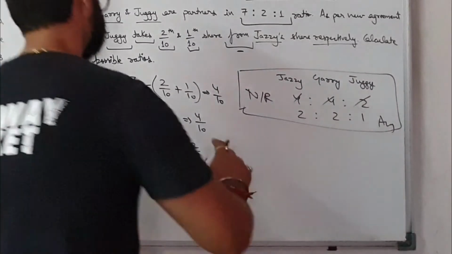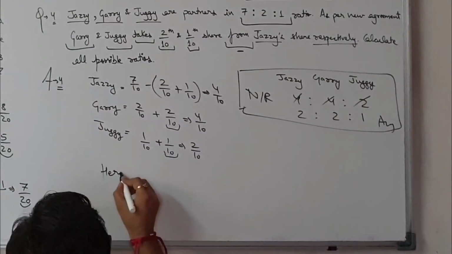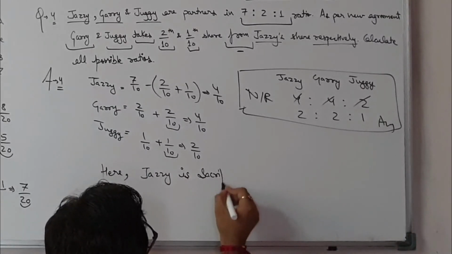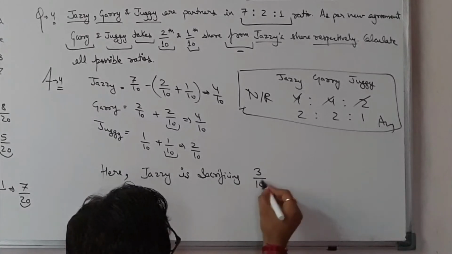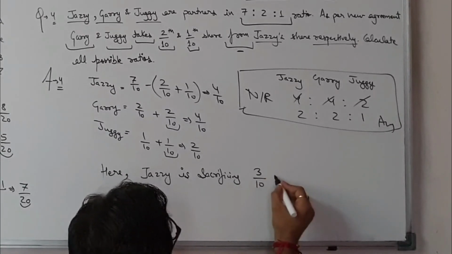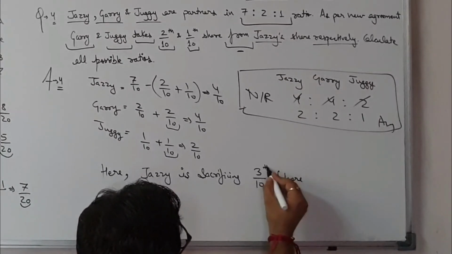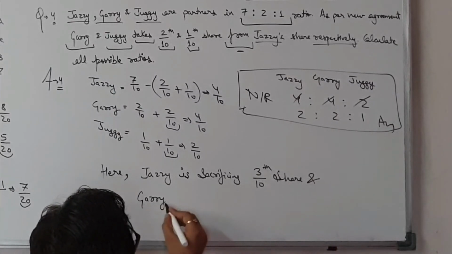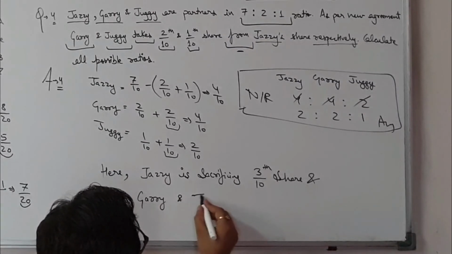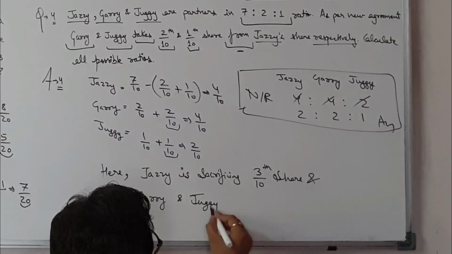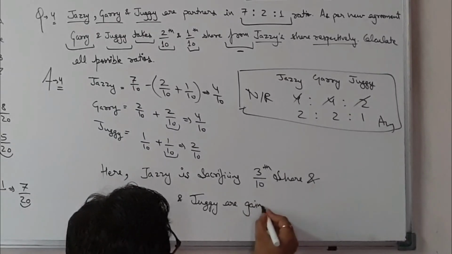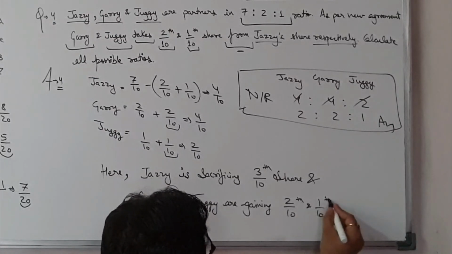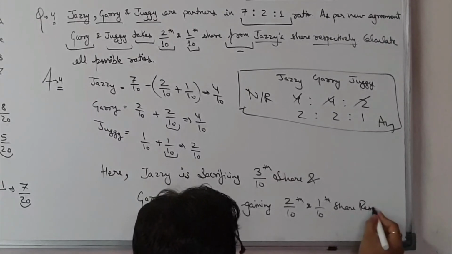So you simply have to write that Jazzy is sacrificing 3/10 share and Gary and Jaggi are gaining 2/10 and 1/10 share respectively.